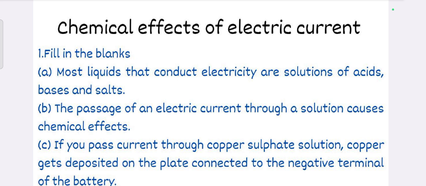Second, the passage of an electric current through a solution causes chemical effects.